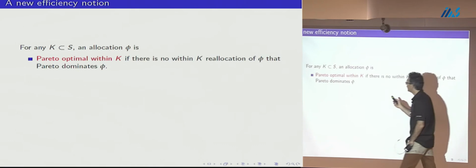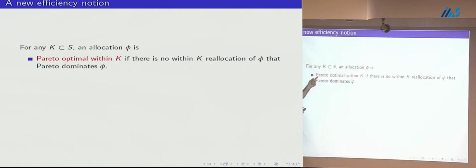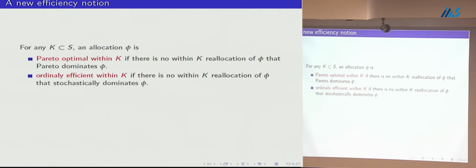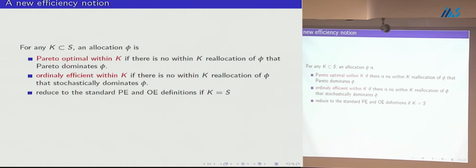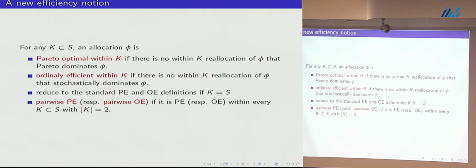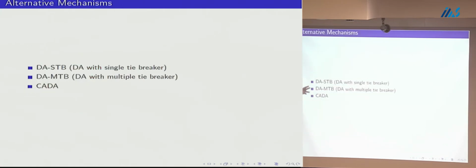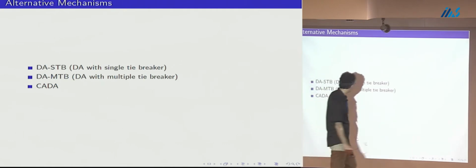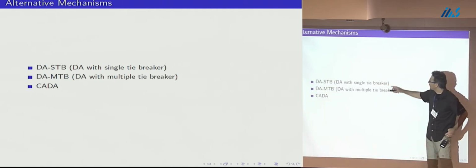Now, what is this good for? I am going to give a new Pareto optimality definition. I'm going to say that an allocation is Pareto optimal within K if I cannot reallocate those probabilities within K in a way that everybody gets weakly better off and some strictly better off. So I'm going to talk about three types of mechanisms.